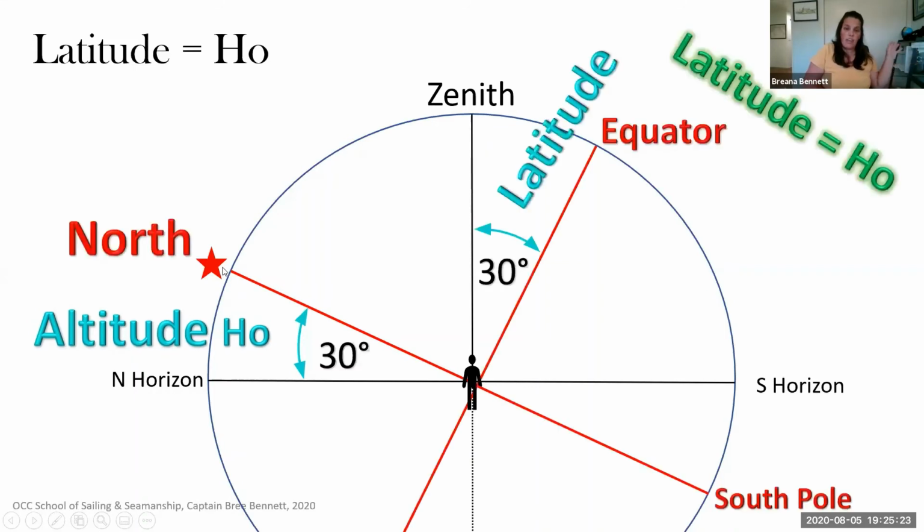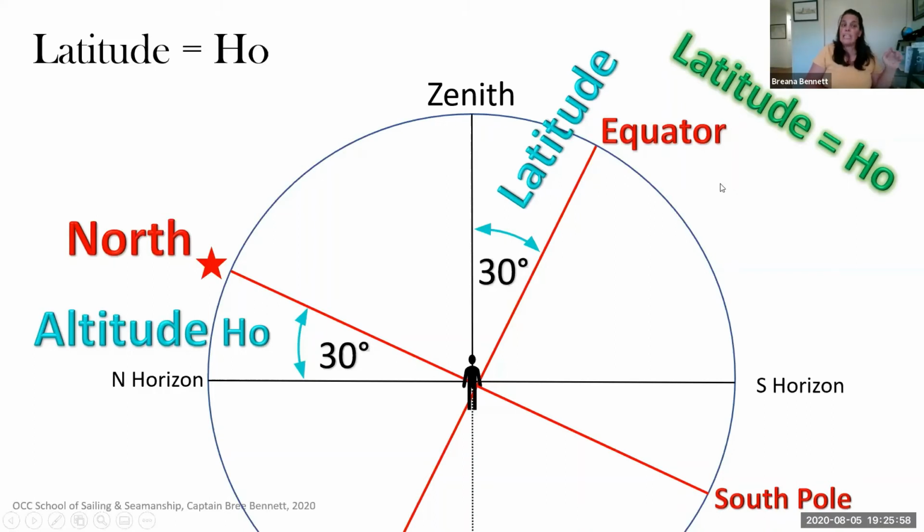So if I put on my equator system, the North Star is here and the equator is perpendicular to the North Star, then from zenith, right above me, to the equator is going to be equal to the North Pole to the horizon. So our latitude is equal to the altitude of the North Star.